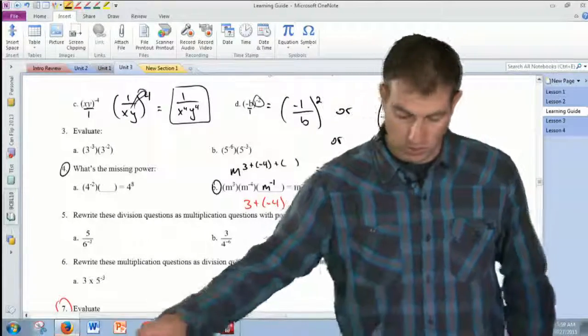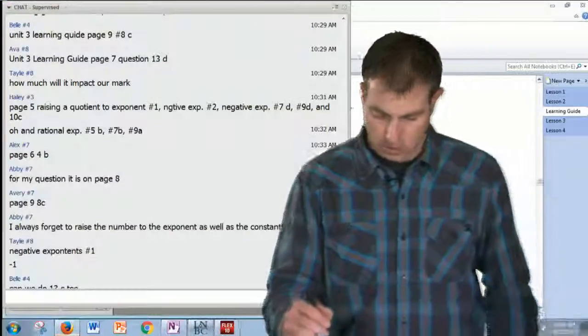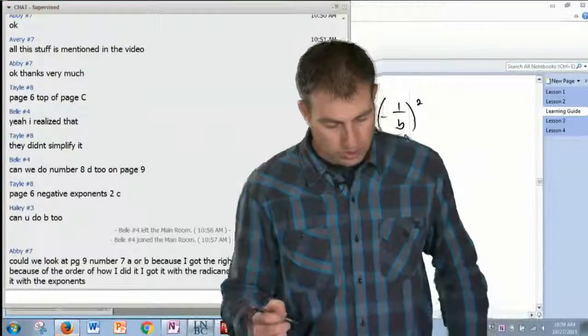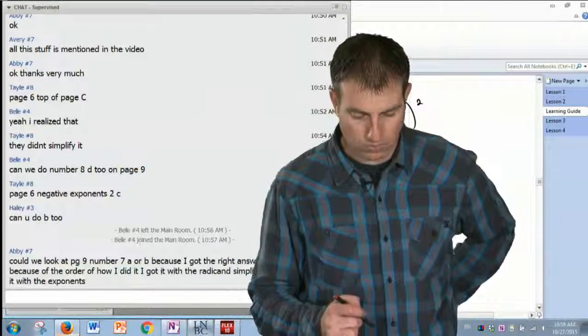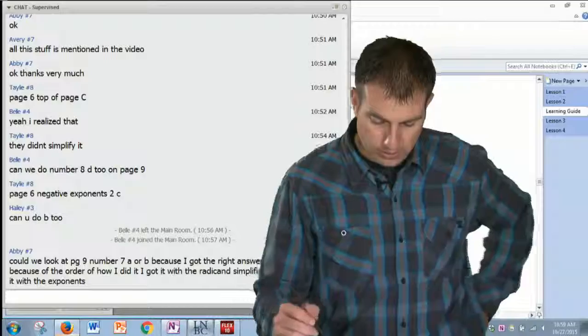And then it looks like there's one more question here Abby's asking. So we look at page 9, 7A or B. Okay.